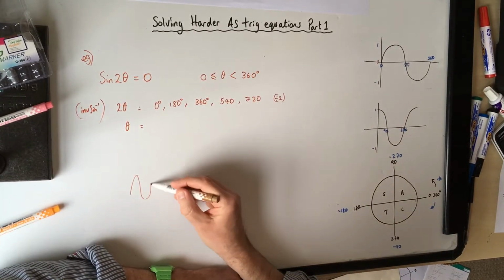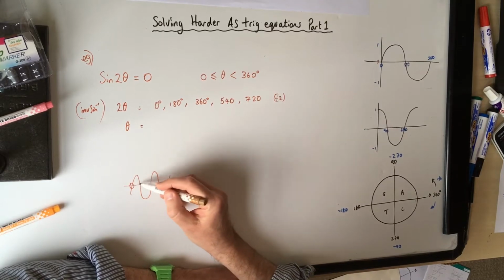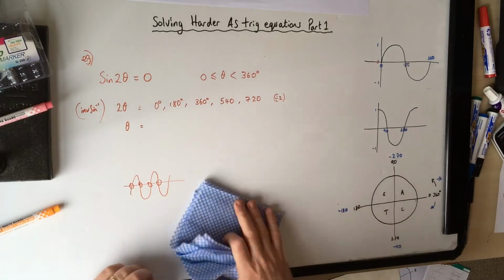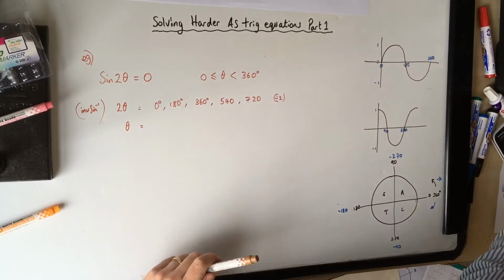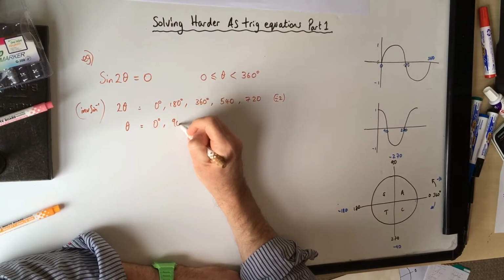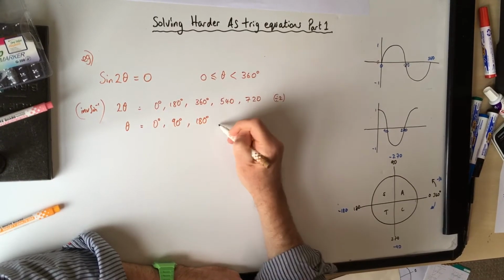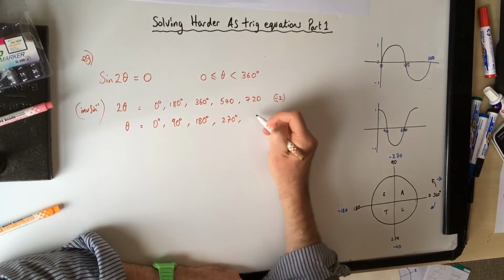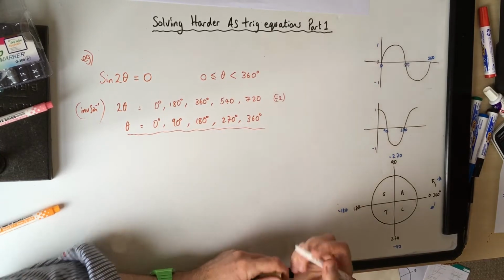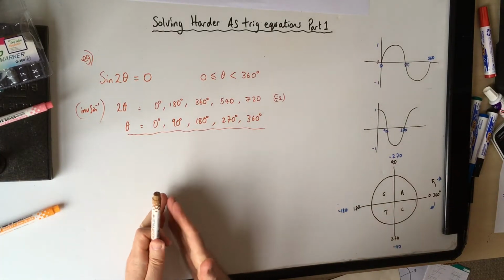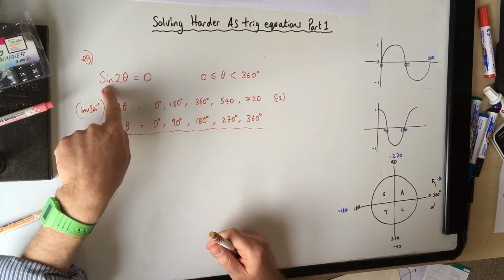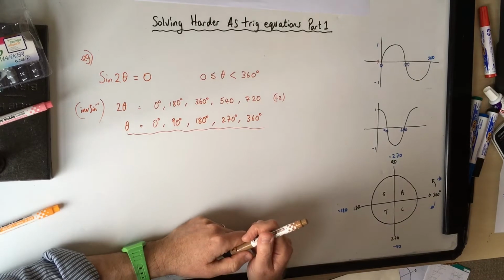Looking at the graph, we get these 4 values, so let's divide them all by 2. We get 0, 90 degrees, 180 degrees, 270 degrees, and 360 degrees. So these are all the values for theta between 0 and 360 when we've got the equation sine 2 theta equals 0.